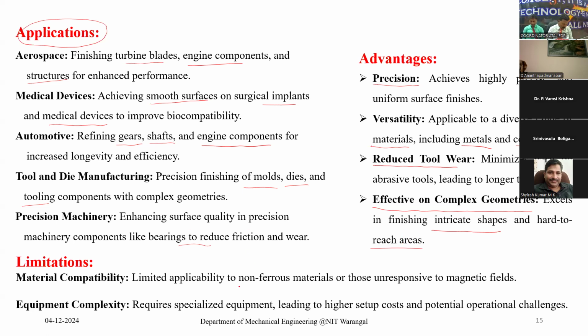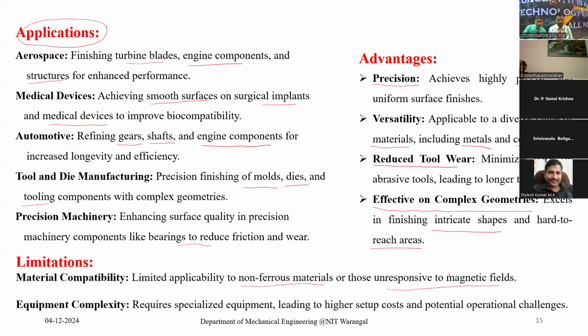Normally non-ferrous materials or materials unresponsive to the magnetic field are difficult to machine. If the workpiece is ferrous material, then the magnetic field may also affect that material.